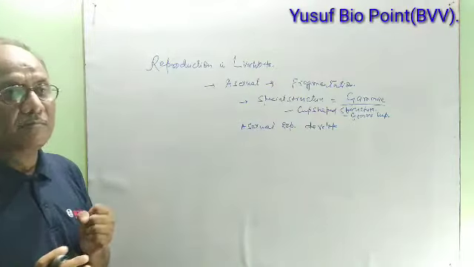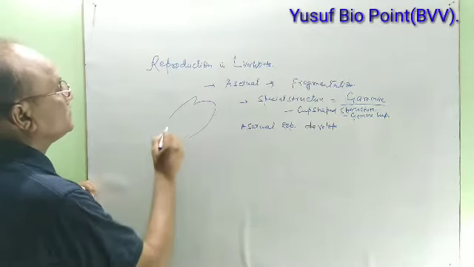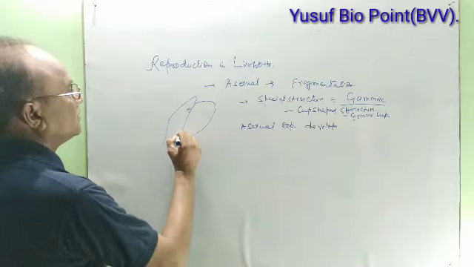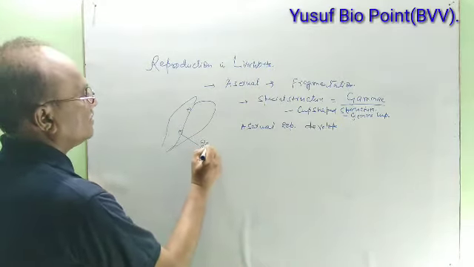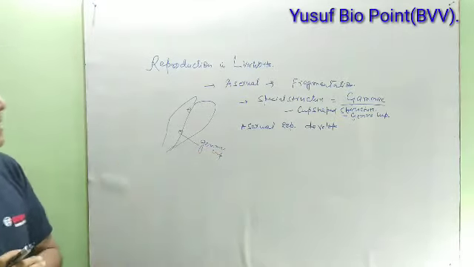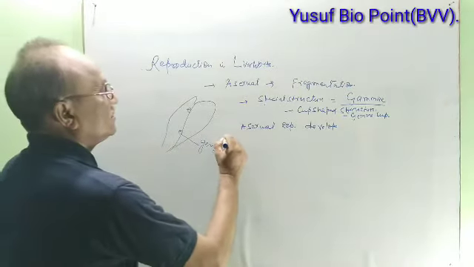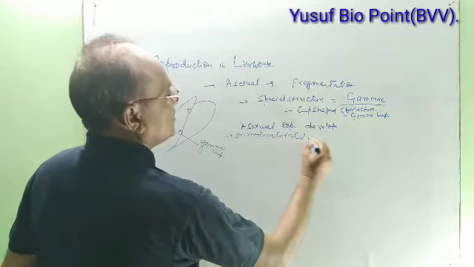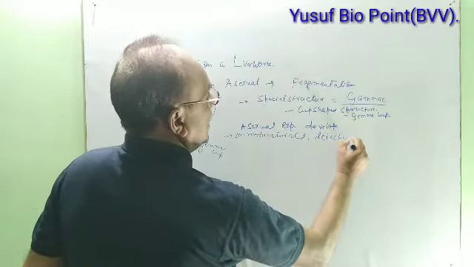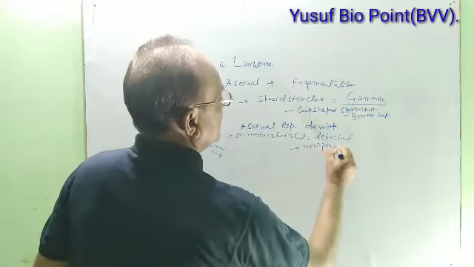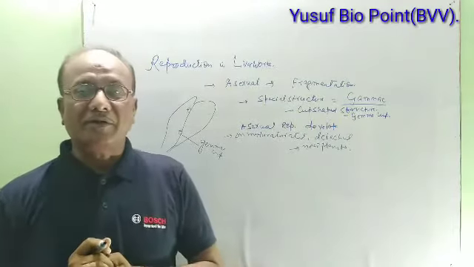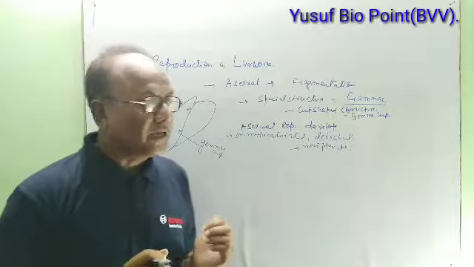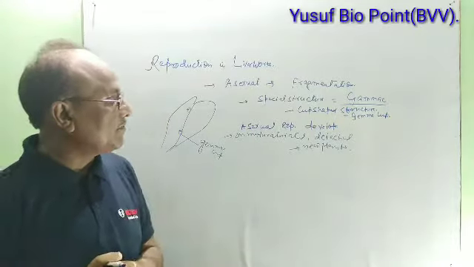I have already told you: this is the cup-like structure, called gemma cup. The asexual bud, on maturation, detaches from the parent plant and develops into a new plant. That is a type of asexual reproduction.